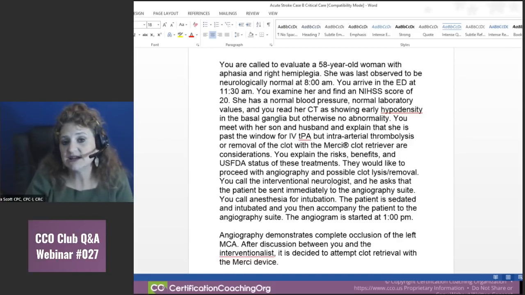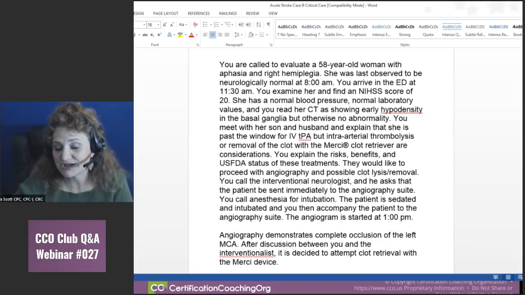You call anesthesia to have the patient intubated, right? So they can go in and do this procedure. The patient is sedated and intubated, and then you accompany the patient to have the procedure done.